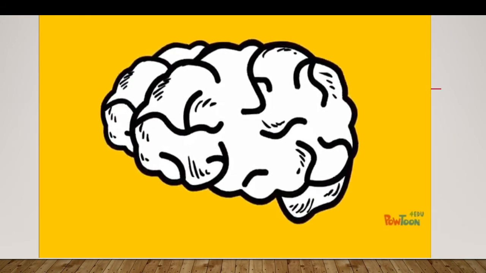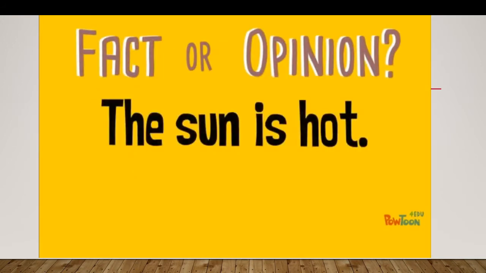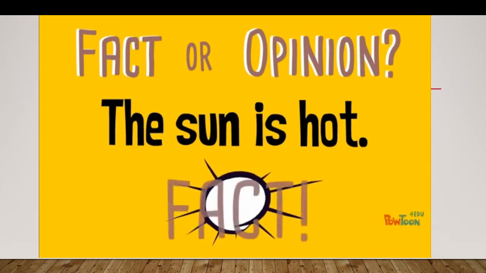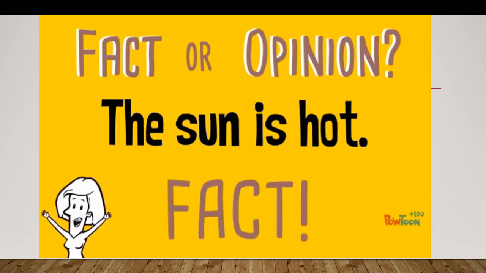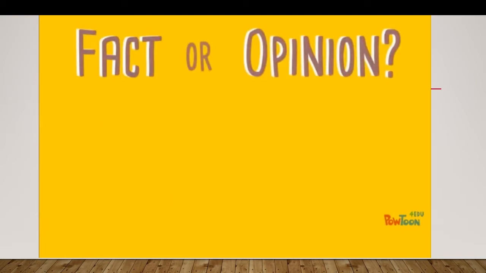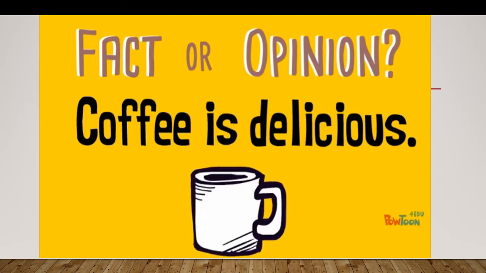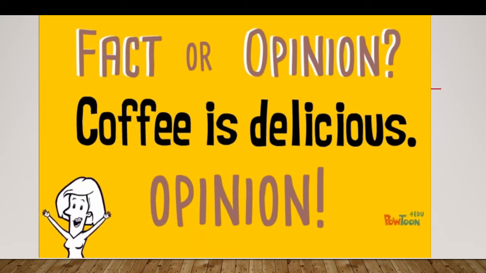Let's see what you learned. Fact or opinion? The sun is hot. You're right, it's a fact. This can be proven. We can prove it by doing research in a book or on the internet. Fact or opinion? Coffee is delicious. You're right, that's an opinion because someone could say, ew, coffee isn't delicious.